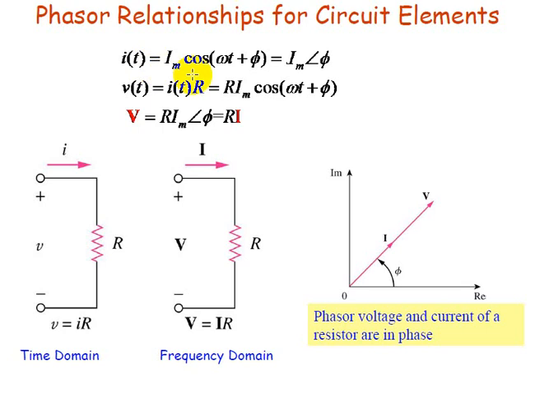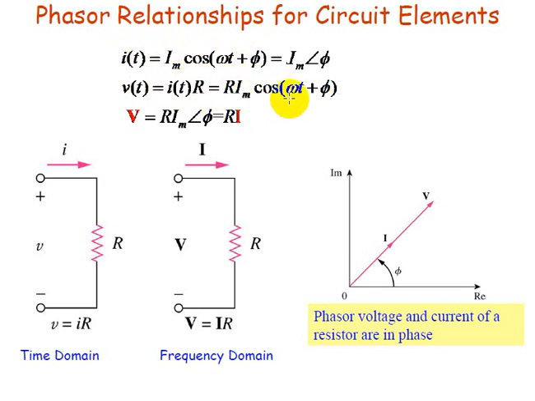So this is our current in the time domain. To determine the voltage in the time domain, we use Ohm's law: small v(t) equals iR, where i is Im cos(omega t plus phi).